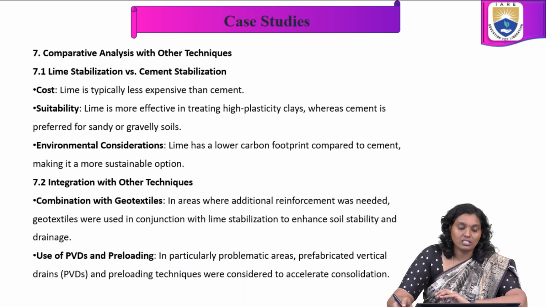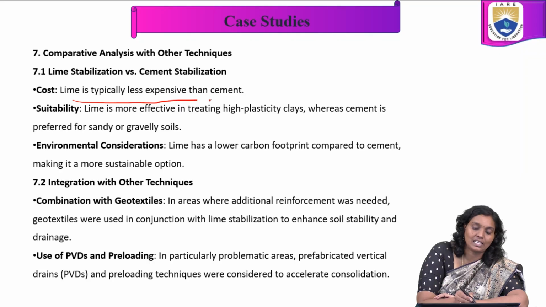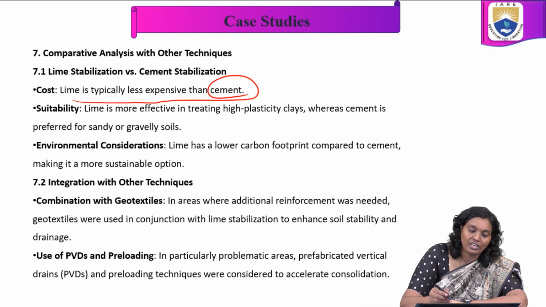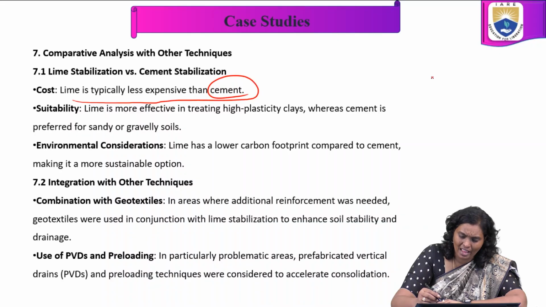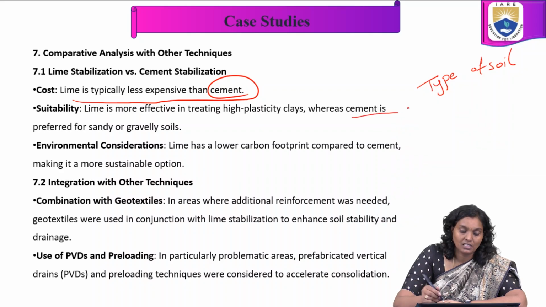In comparative analysis with other techniques, lime stabilization versus cement stabilization: lime is typically less expensive than cement. Lime is more effective in treating high plasticity clays, whereas cement is preferred for sandy and gravelly soil. So it depends upon the type of soil also. For clay and high plasticity, lime is suitable, whereas for sandy or gravelly soils, cement is suitable.